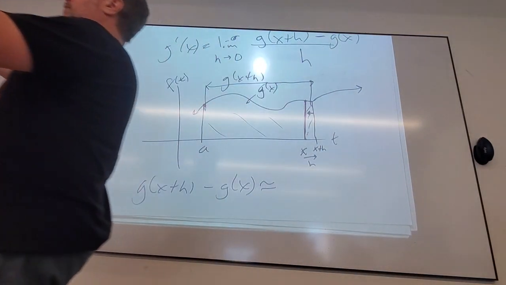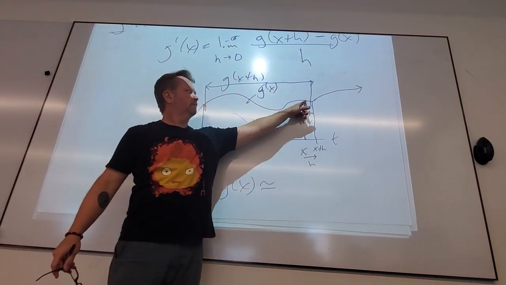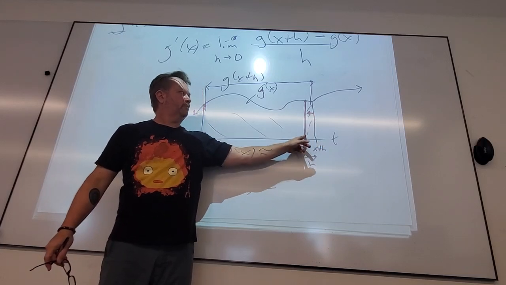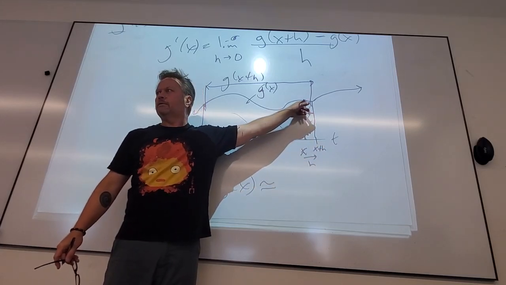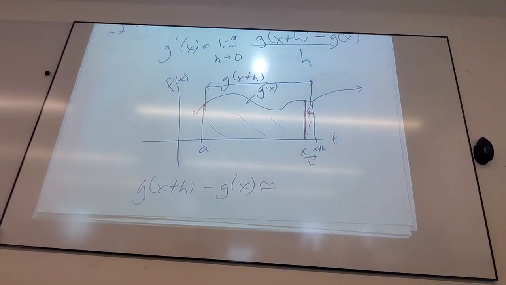F of x. You guys see that? What is f of x? If I let h get really, really small, isn't the height approaching f of x? Okay, I love it. All right, I love you guys. This is so huge.